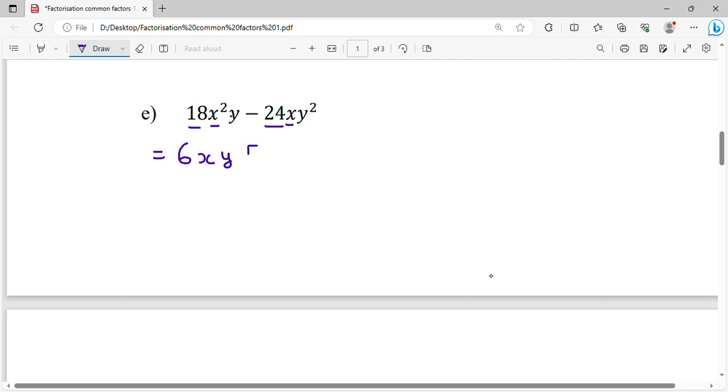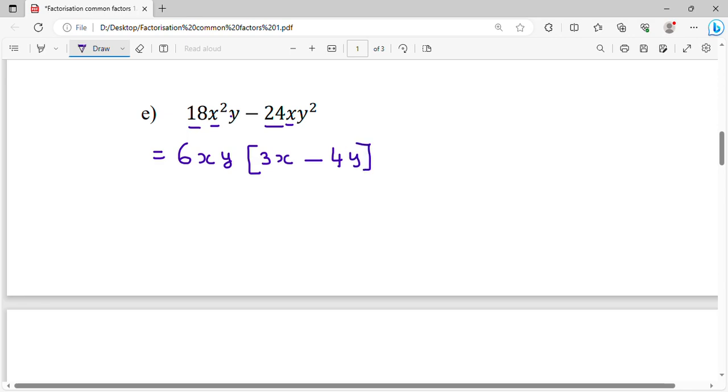Now when I do this, what am I left with? So 6, then out of x squared I have taken out x, so it's 3x. For this y, everything is taken out, so there's nothing left there. Minus 6 times 4, x is taken out, and there's 1 y left.